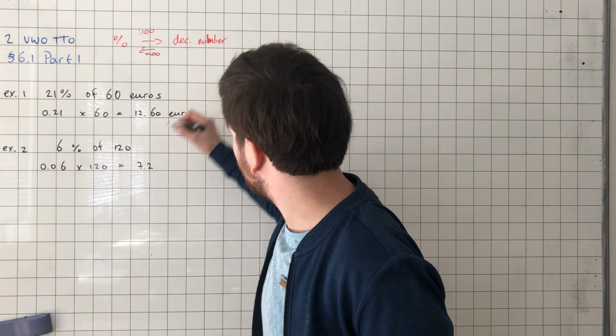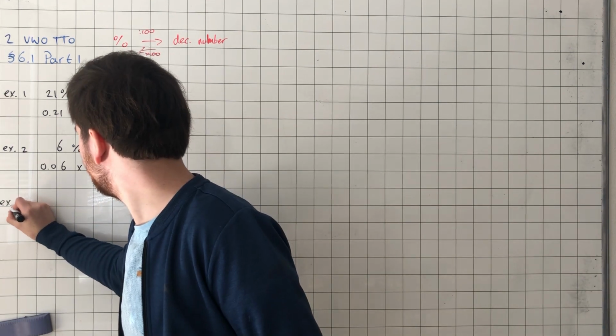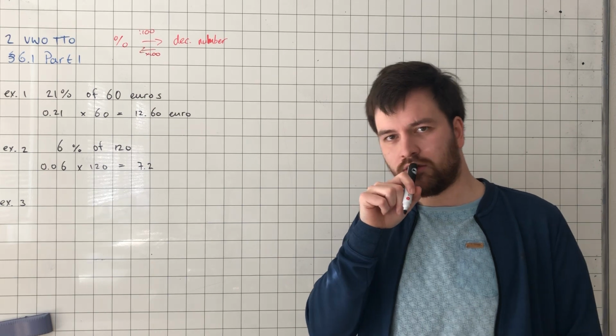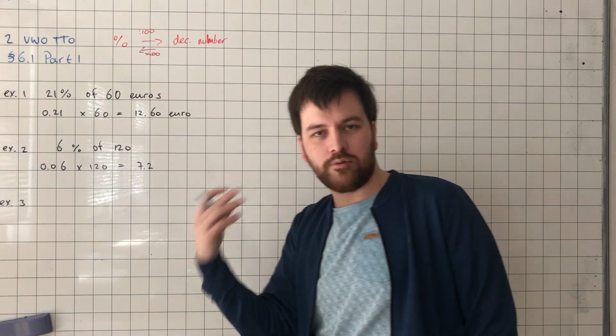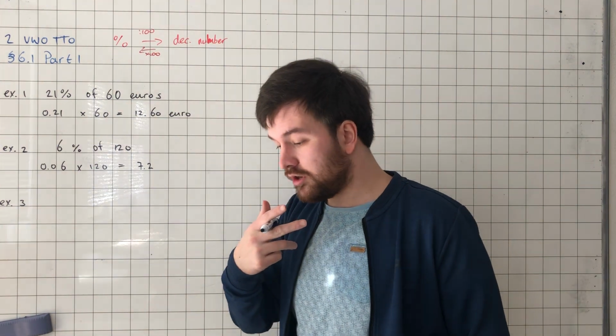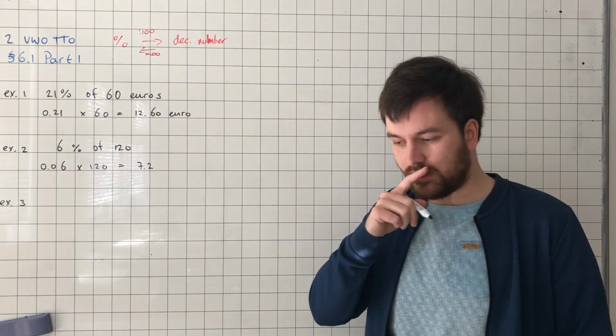Then the next example, example 3. In example 3, we have a decrease of a percentage and we want to calculate a new amount. Where do we see this a lot? For example, when you go shopping and you buy a new sweater.